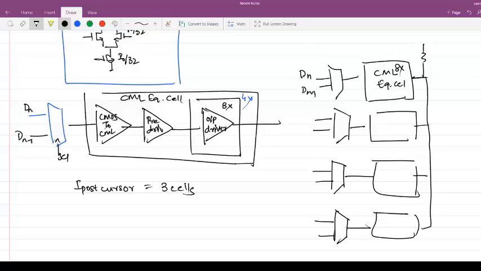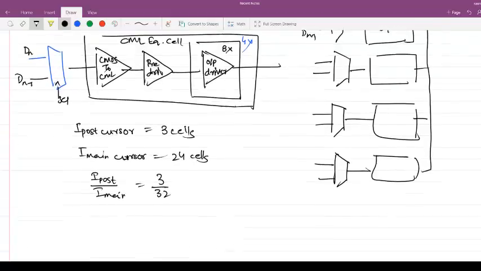If I select this as dn minus 1, then I am using the post cursor as only 3 cells, and the rest can go to dn. So the main cursor is 24 cells. Ideally, if I split this uniformly, I would have got the weight I post by I main as 3 by 32. But now I can get only 3 by 24.